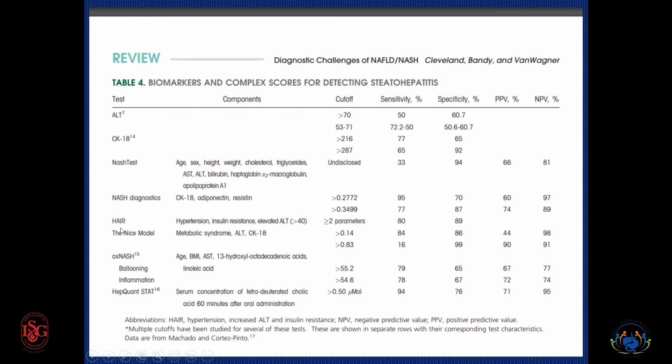H stands for hypertension, A for ALT, and IR for insulin resistance. If two or more of these parameters are present, it has 80% sensitivity in diagnosing stage 2 hepatitis and almost 89% specificity in the diagnosis of non-alcoholic stage 2 hepatitis. We'll come to the other things later.